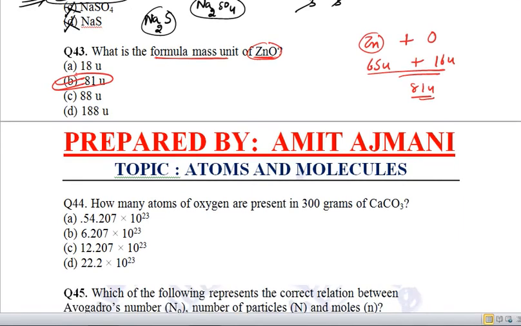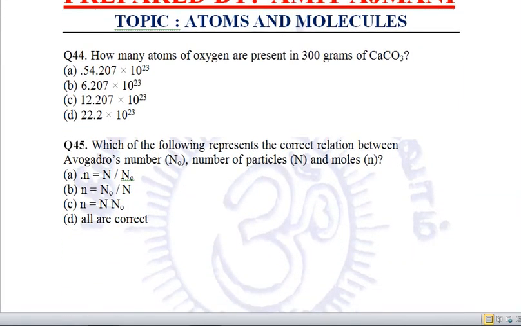Now in this question, what he is asking is, how many atoms of oxygen are present in 300 grams of calcium carbonate? Exactly the same question as we have done above, and the same way we are going to attempt it.